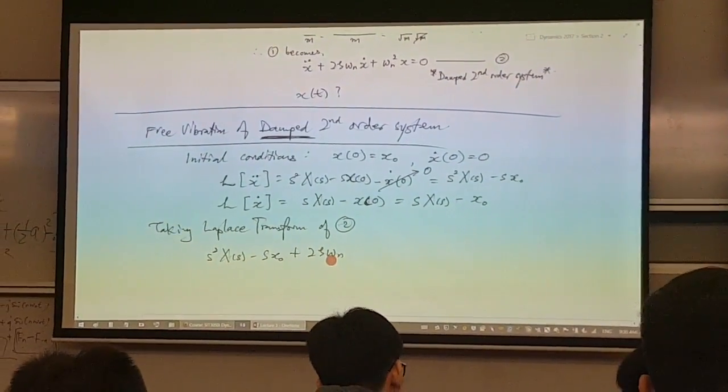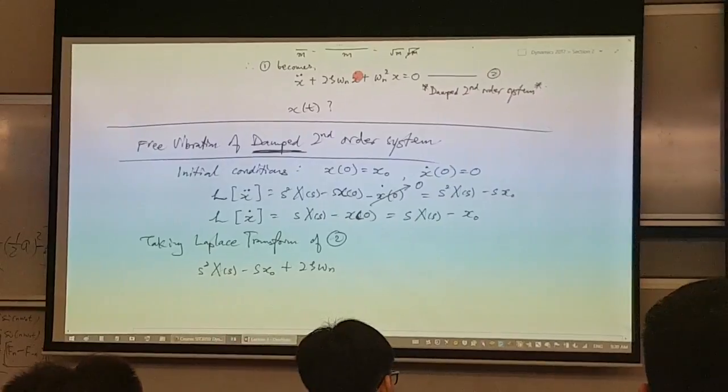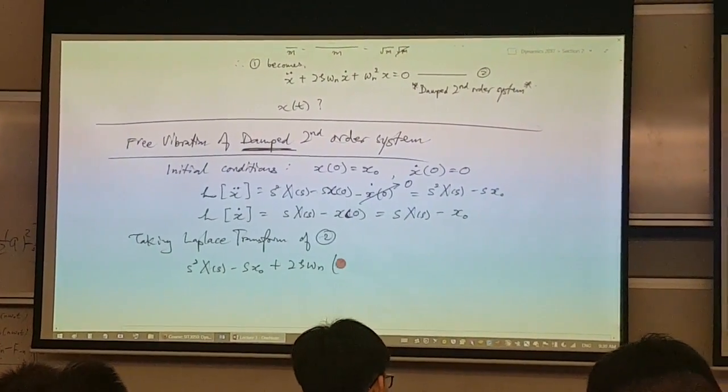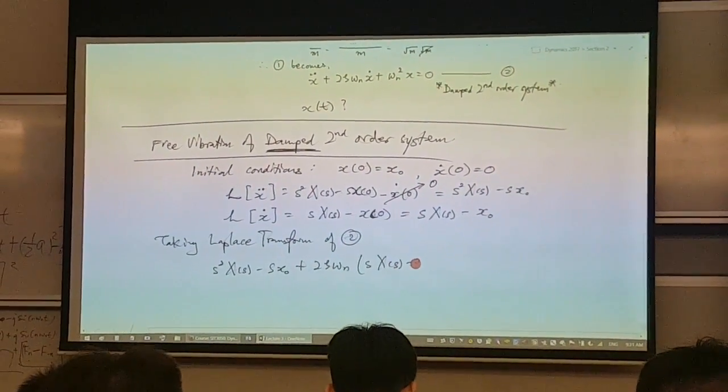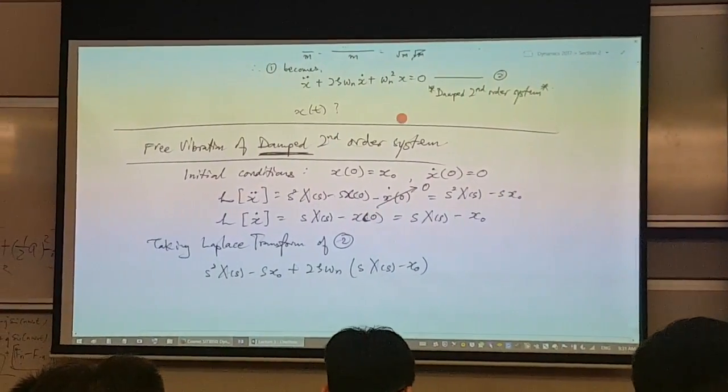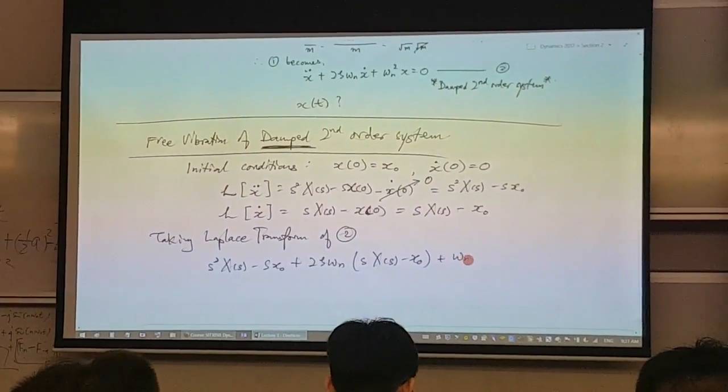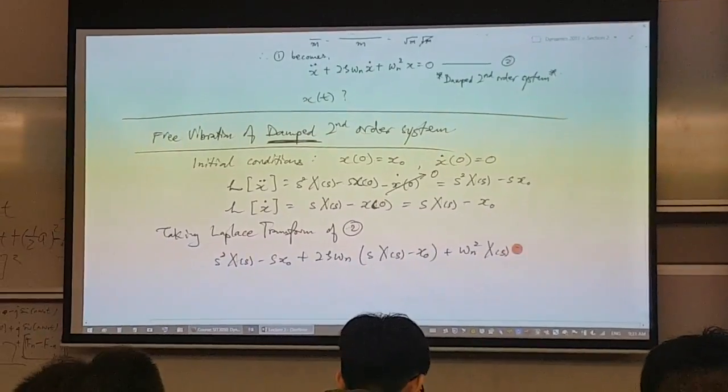I'm going to keep that. Laplace transformation of x dot will give me s X(s) minus x naught, and then the last term, omega n squared X(s), equals 0.